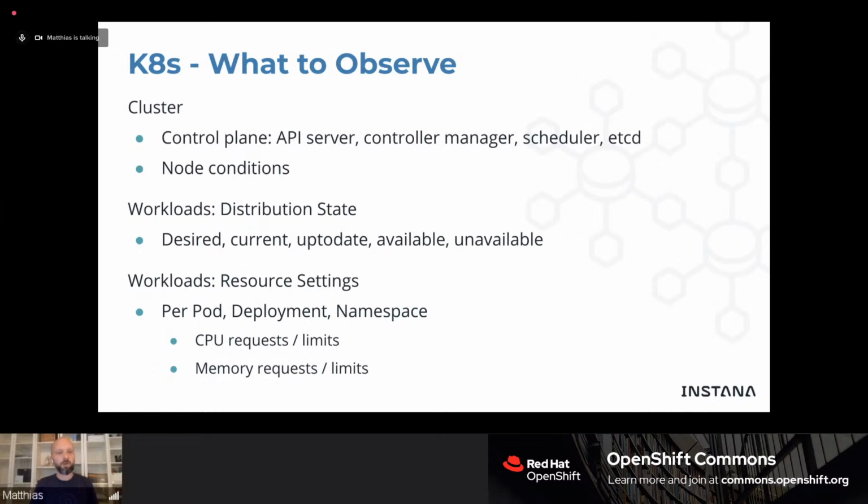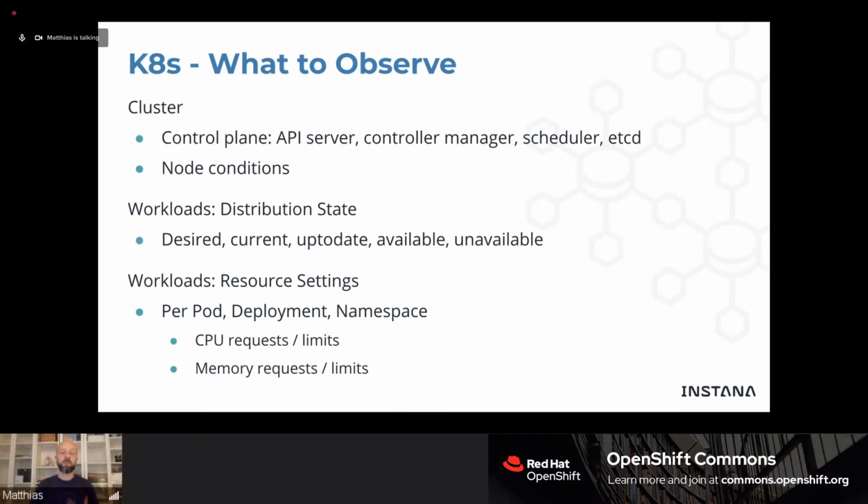Now, on the workloads themselves, the distribution state is essential. How many of my desired workload pods are running? If it's a daemon set, is it evenly distributed on all the nodes that I want taken care of? If I have a deployment, is it at the scale that I need?